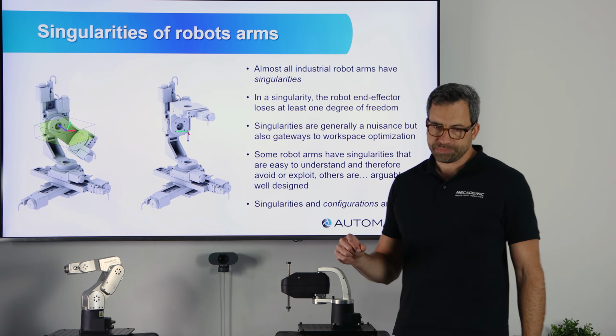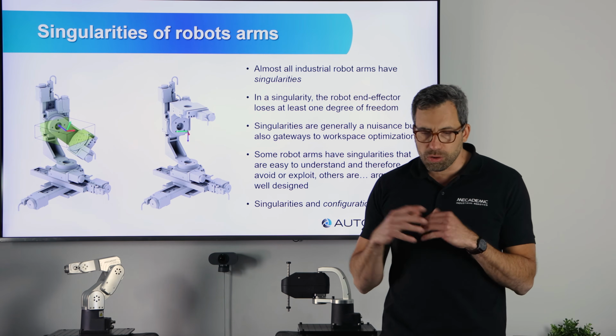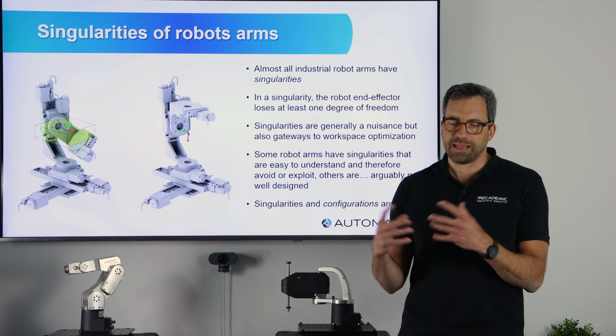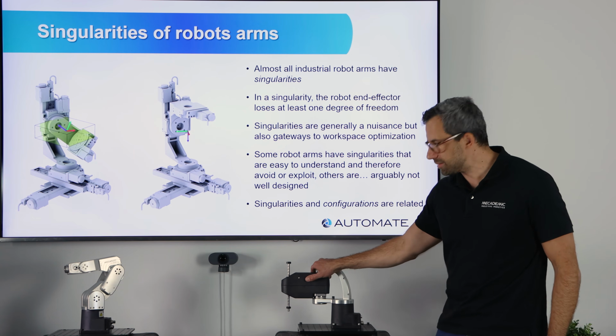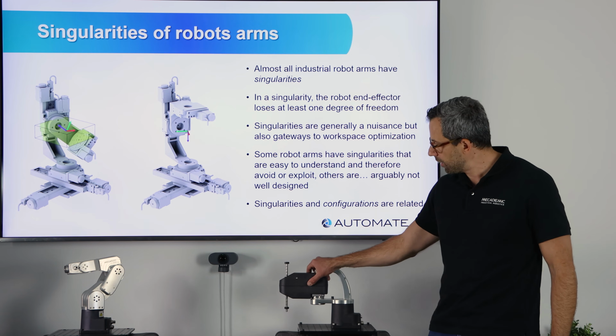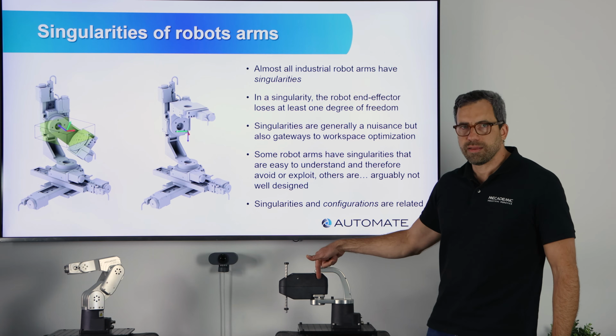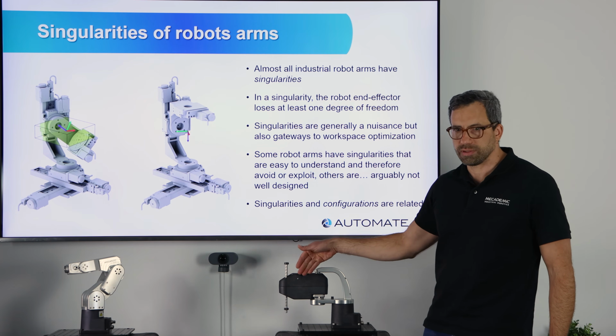They are a nuisance, but you will see today they're also kind of a gateway to workspace optimization. And all industrial robots have singularities, even simple ones, like the 4-axis car here, which has a singularity when theta 3 is equal to 0 degrees.